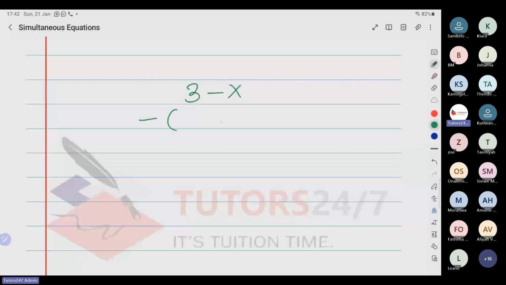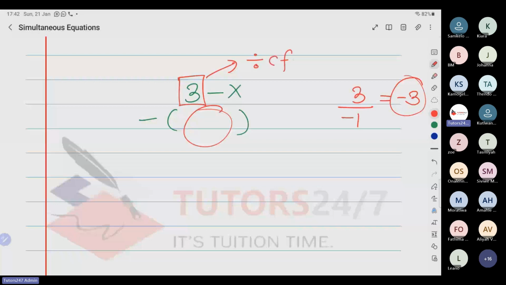When you take out a common factor, this is what you need to do. Take the term 3, divided by the common factor, and you get -3. Whatever you get after you divide by the common factor, that is what's going to go inside of the bracket. So if you struggle with identifying what's supposed to go inside of the bracket after you take out a common factor, take the term, divide it by the common factor.